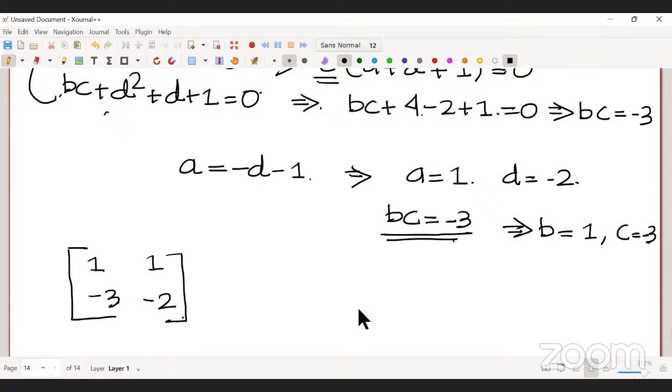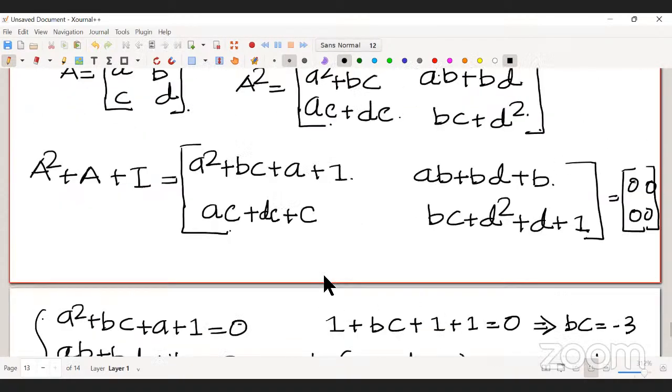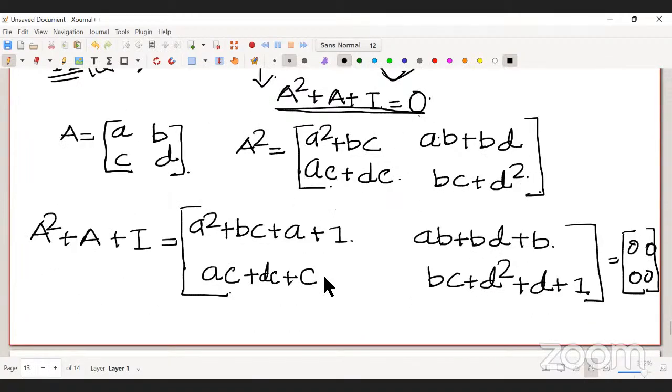To simplify your calculation, if you want to do less calculation, then certainly you should take smaller numbers. Then it will be easier for you to compute this one, right?